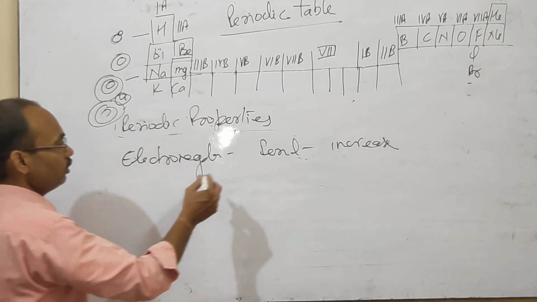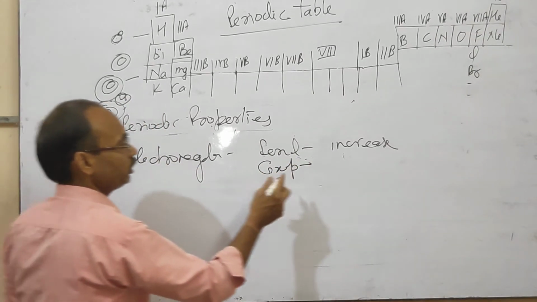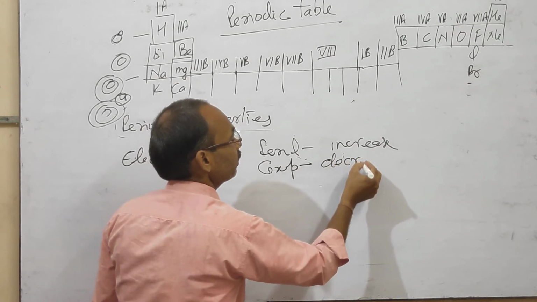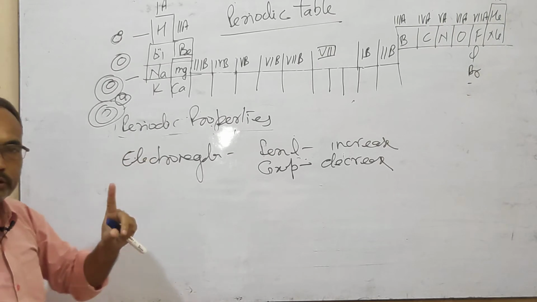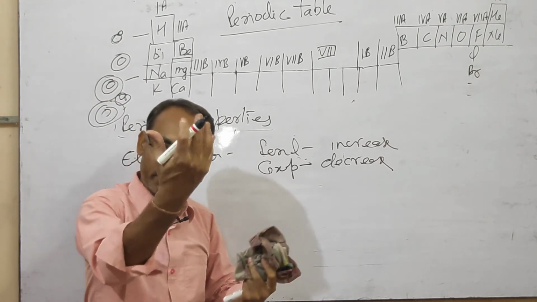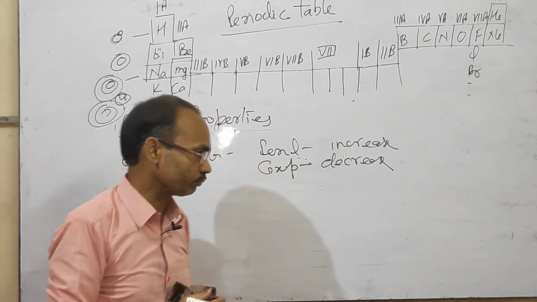While in the group, electronegativity decreases. What is the reason for this decrease? Because the size is increased and the nucleus has no power to attract electrons toward itself from a farthest point.